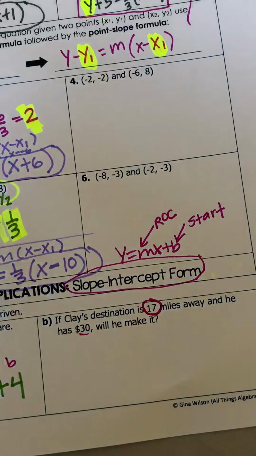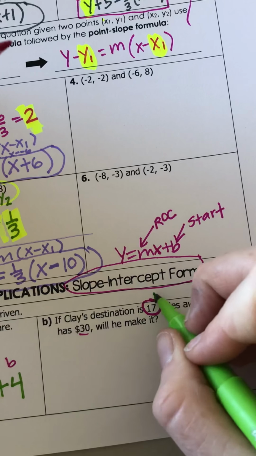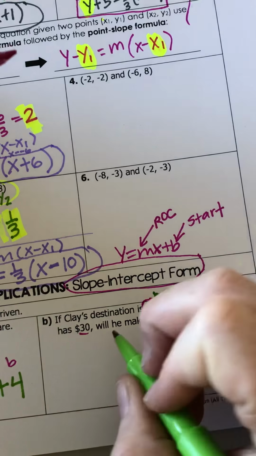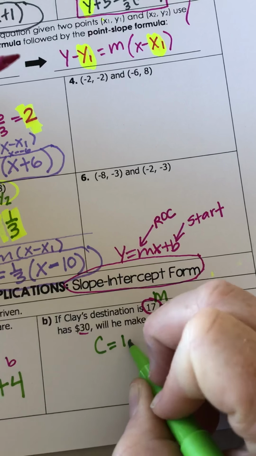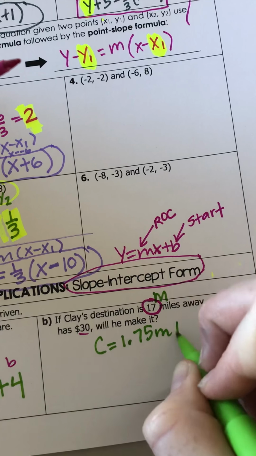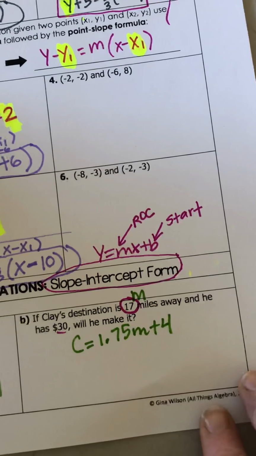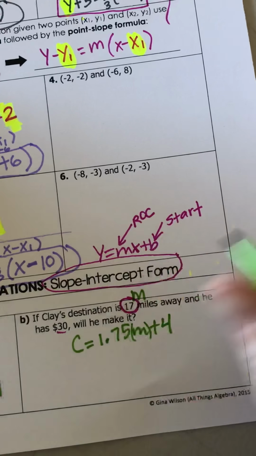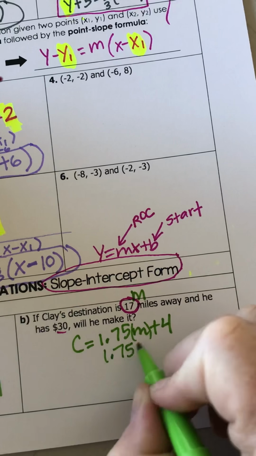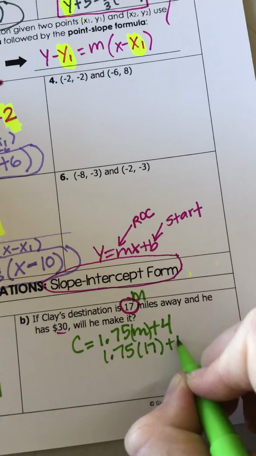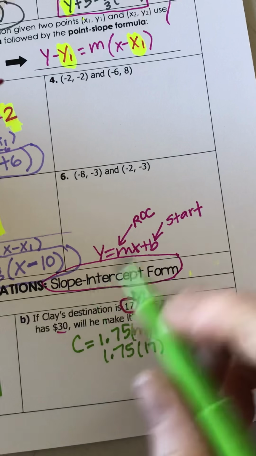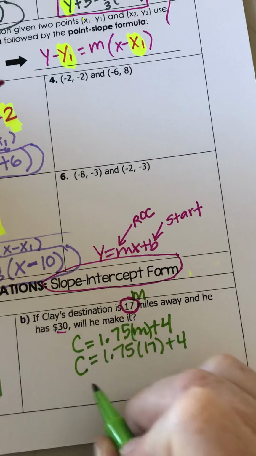I think that would be helpful. So 17 is obviously going to be a M. So we started with C equals 1.75 M plus 4. And miles, that's what M is, 17. And 30 is going to be your cost, but let's see how much this would cost and see if he has enough money.